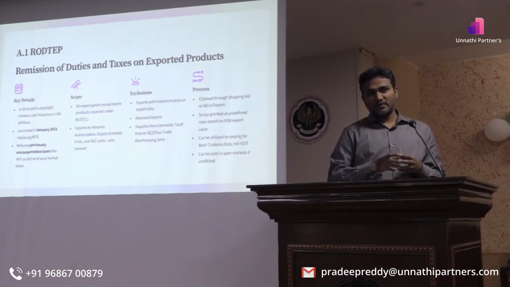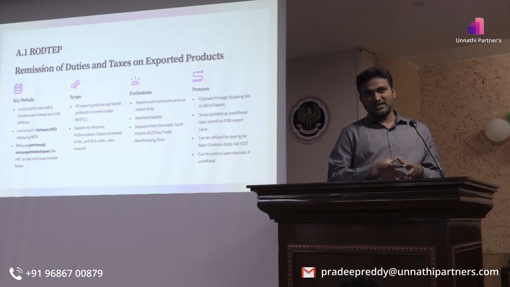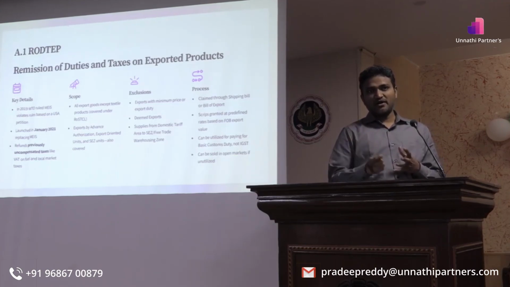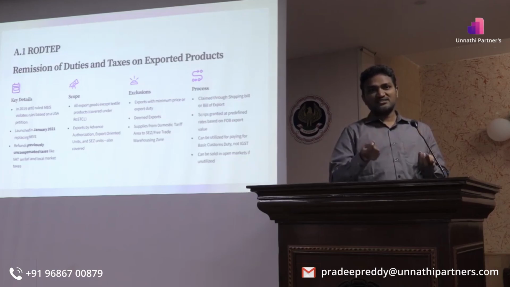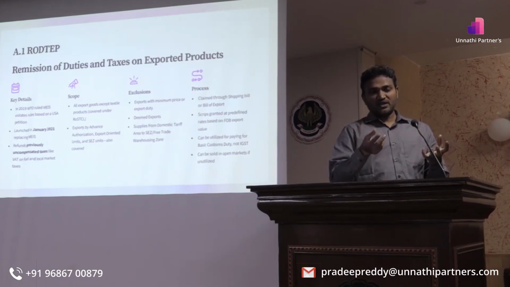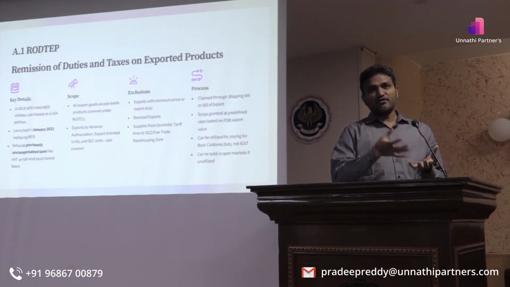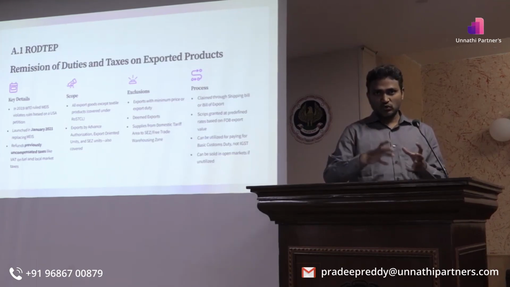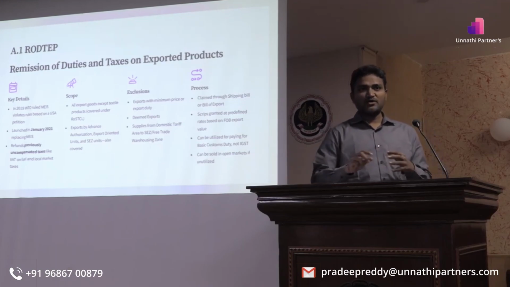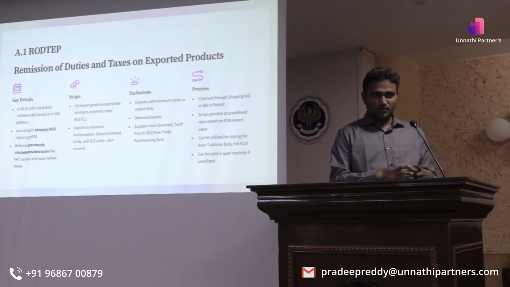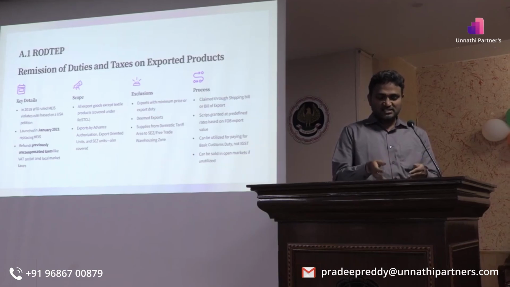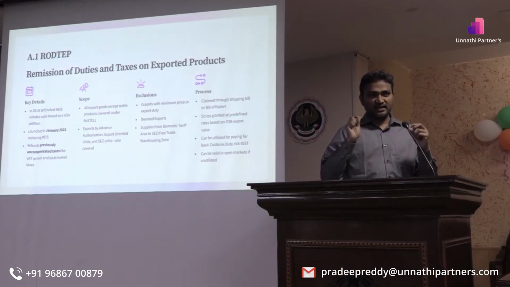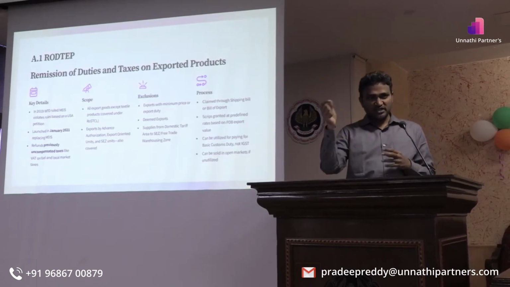The US government filed a petition stating that this is not a remission scheme, as the government of India is not compensating any taxes actually incurred. The earlier scheme used to give 4 or 5% based on the value of exports, with no calculation of why it was 5% or 4%. There was no calculation of what VAT portion went into the exports, or what electricity duty component was used in that export product.